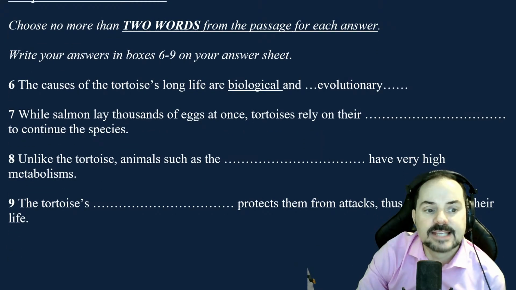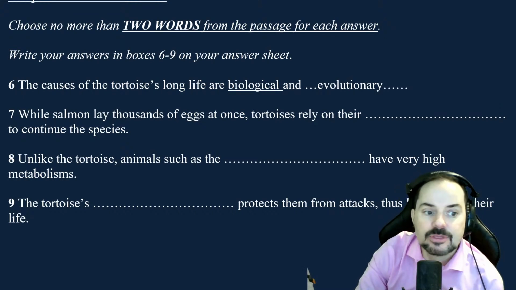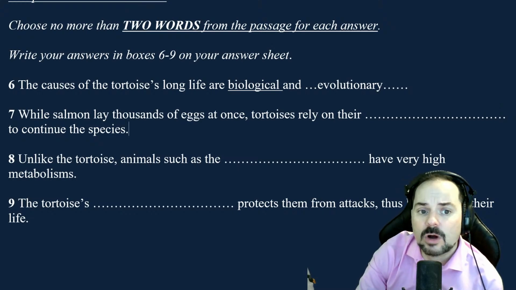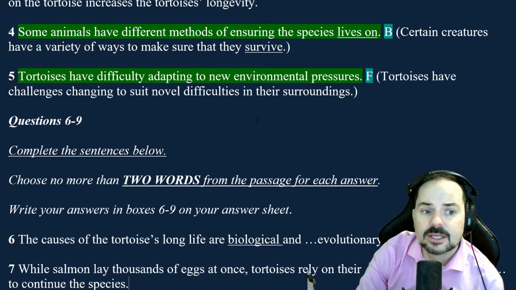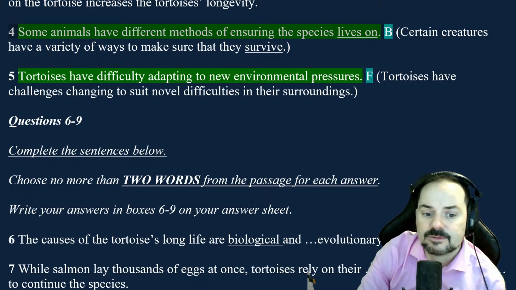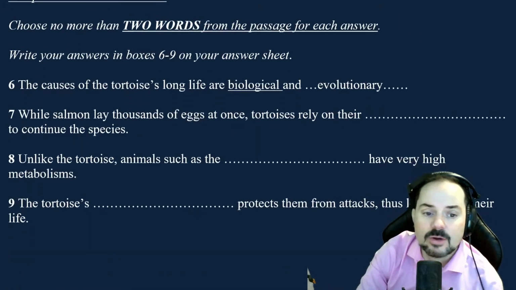So number 7, while salmon lay thousands of eggs at once, tortoises rely on their something to continue the species. Now here for this one, if I'm thinking really clever, number 4, when I answered that question, that also gives me this information for number 7. So questions help other questions.